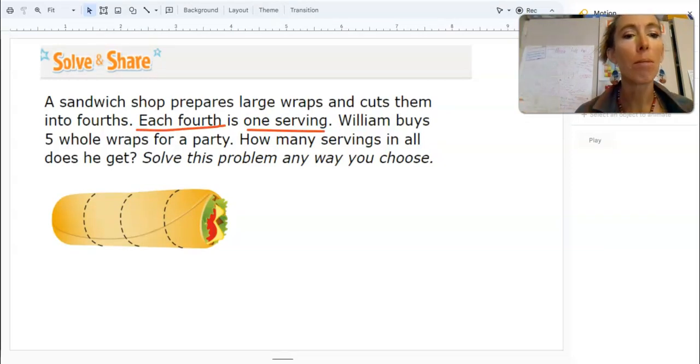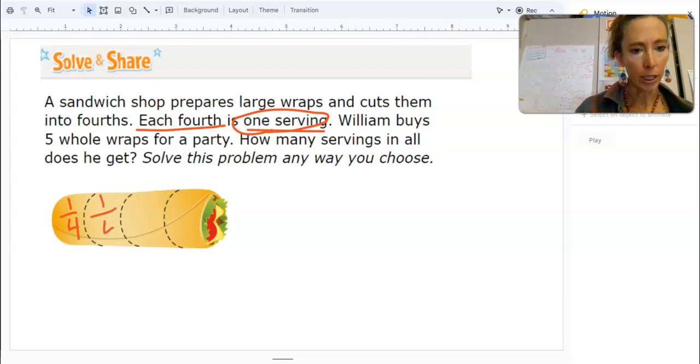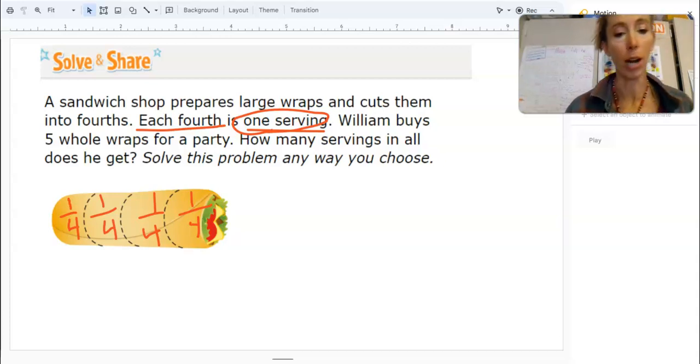Oh, and look at that, it already broke it up into 4 parts. So I'm going to just go ahead and label them. This is a fourth, which is 1 serving. And I have another serving of a fourth, and another serving of a fourth, and another serving of a fourth in 1 wrap.